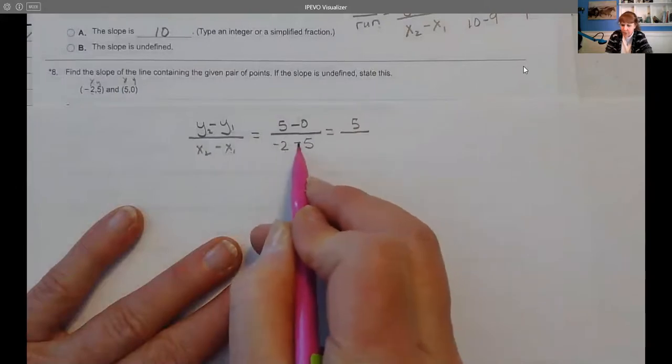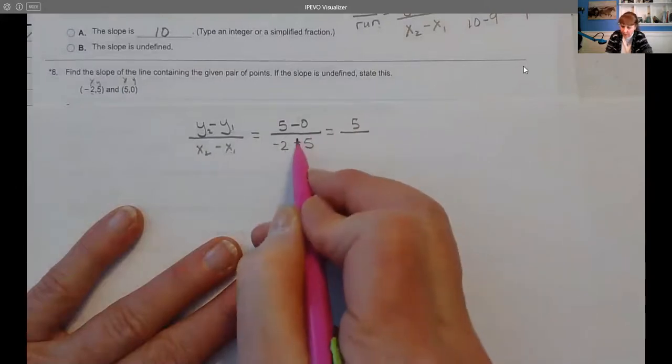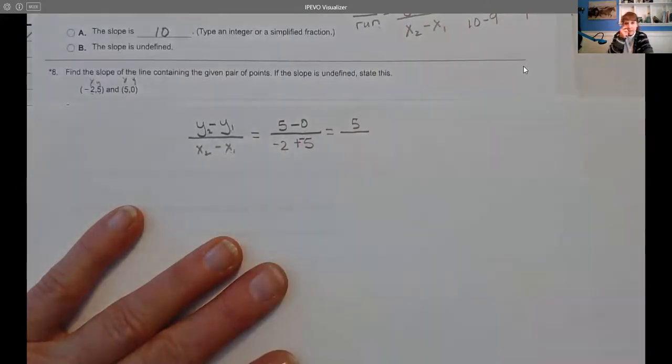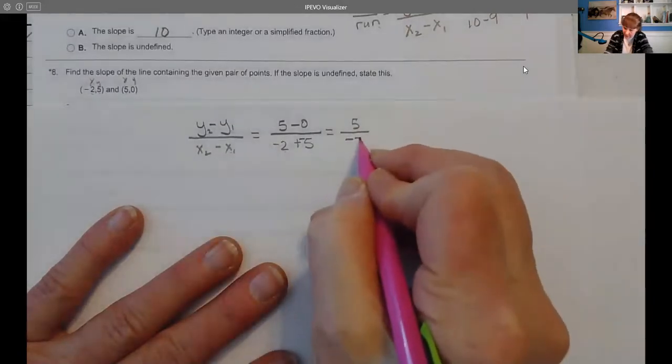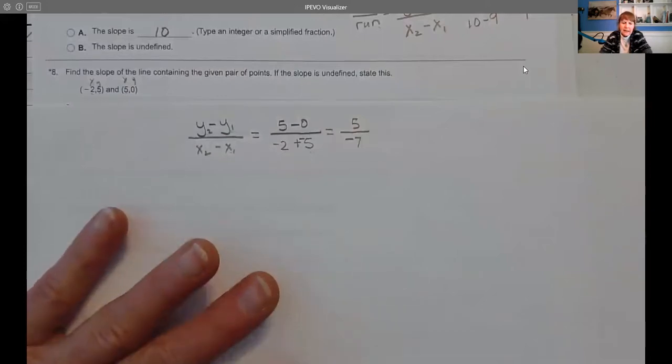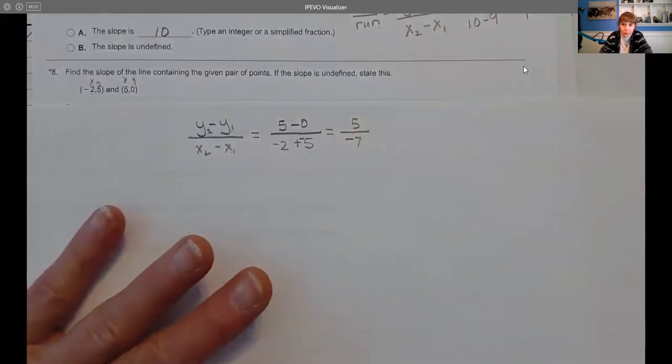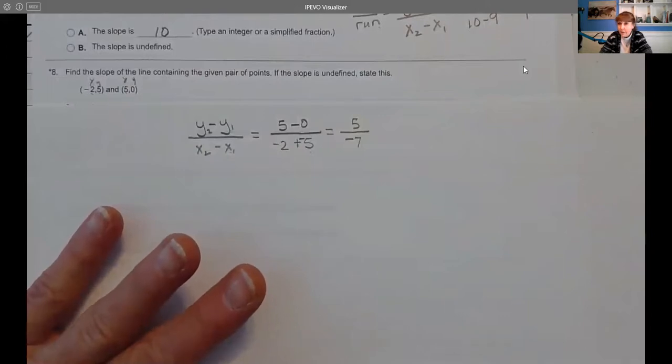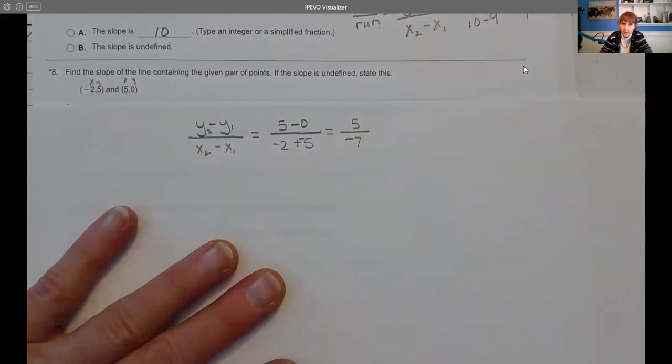Negative 2 subtract 5, or plus a negative 5, is going to be a negative 7. So our slope is negative 5/7, and it doesn't matter where you put that negative. You could put it with the 5, in the middle, or with the 7, as long as it's there.